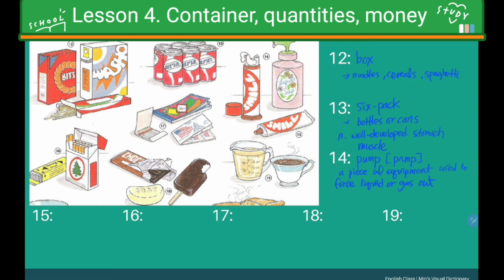So when you press on the button on the top, it pushes out the liquid or gas stored inside.